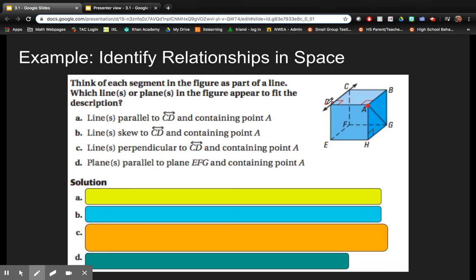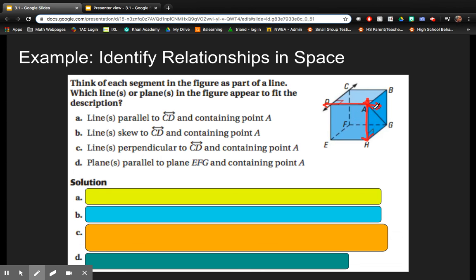So I want it to be parallel to CD, but I want to contain the point A. Here are the lines that I see that contain A. Here's one, but it can't be parallel because it connects at D. I see this line, but AH and CD are not on the same plane.